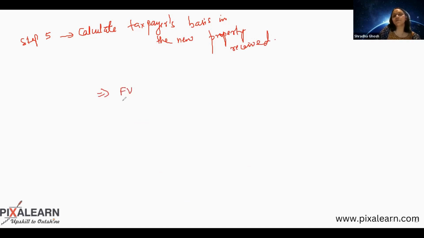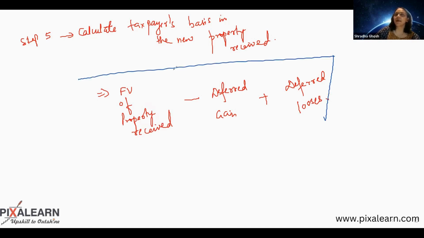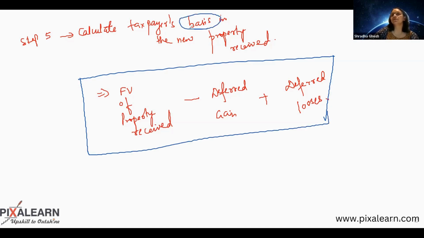You take fair value of the property that I have received. With this, I reduce all my deferred gain and I add back all my deferred losses. Guys, this is slightly different from the formula that your book has given, because in your book, they're adding and they're deducting the same thing again and again. So I've just simplified the formula. This is the basis of the new property.